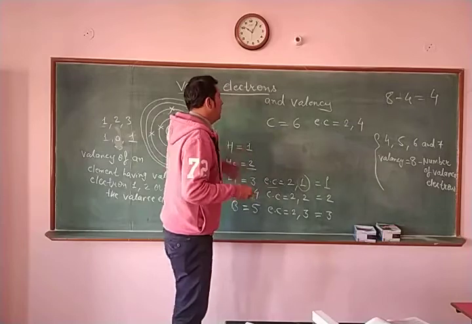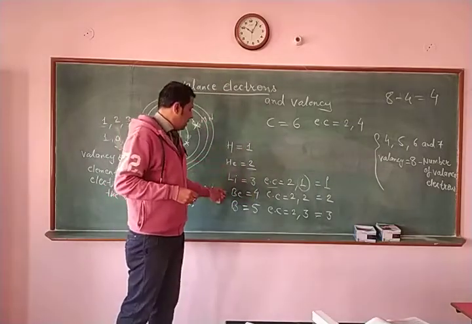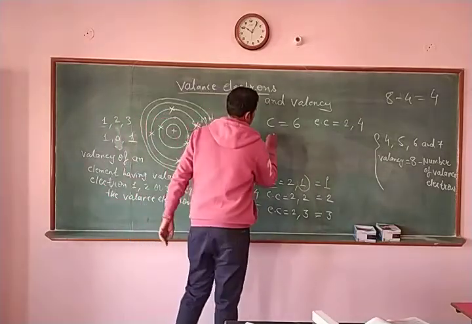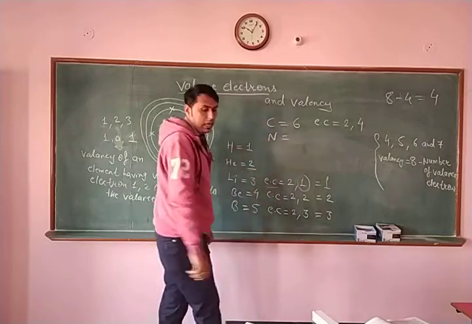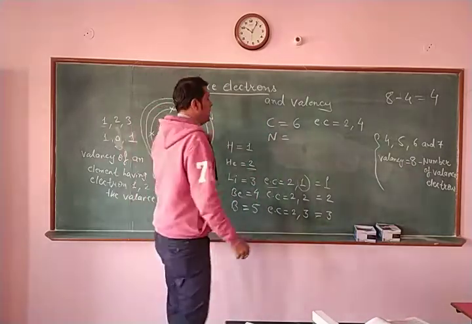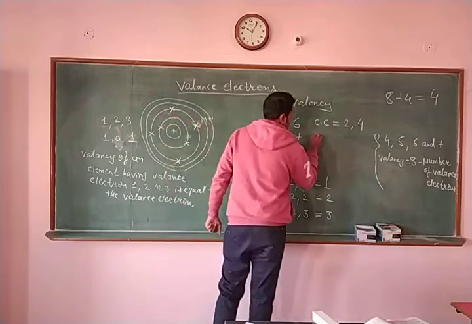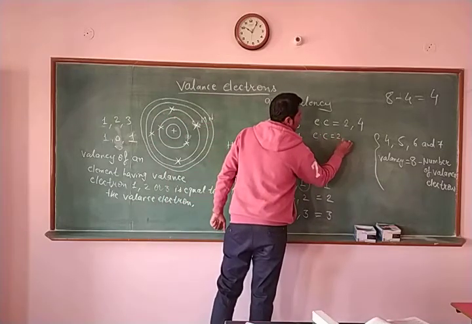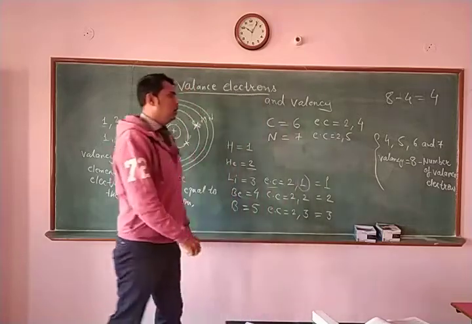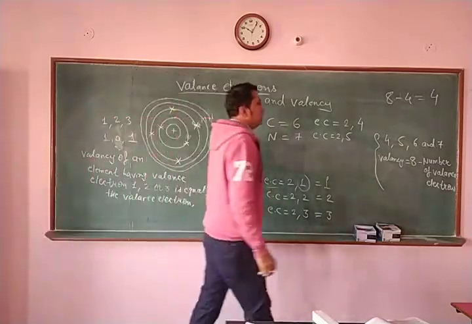So after carbon, the order is hydrogen, helium, lithium, beryllium, boron, carbon, nitrogen. Nitrogen has atomic number 7, so the EC of nitrogen will be 2, 5.